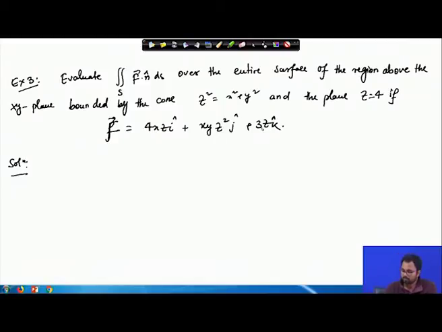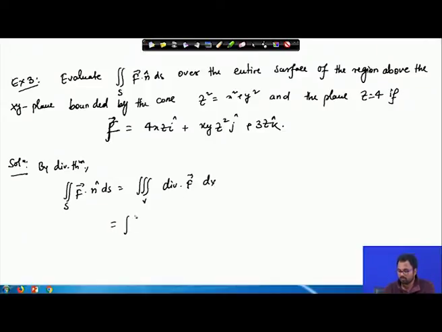So, the terms in this vector function are all algebraic functions, and basically in a way they are products of x, y and z square. So, they have continuous partial derivatives. So, we can use Gauss divergence theorem. So, by divergence theorem we have surface integral F dot n dS equals volume integral divergence of F dV.